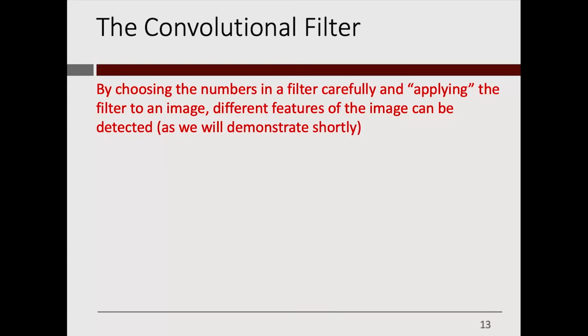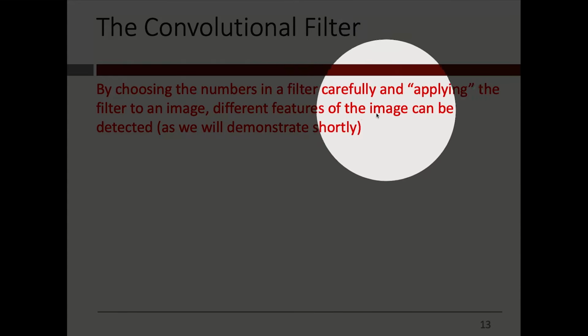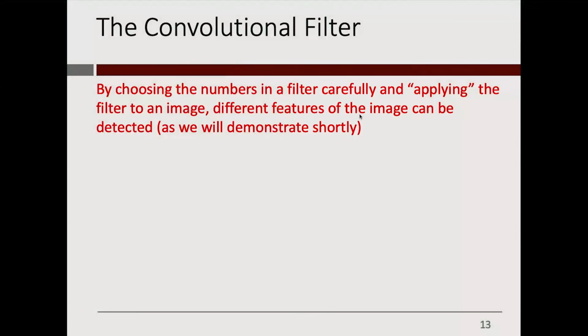Now, the thing about the convolutional filter that makes it really magical is that if you choose the numbers in a filter carefully, and then you apply the filter to an image, and I'll get to what I mean by applying the filter, this little humble thing has the ability to detect features in your image.